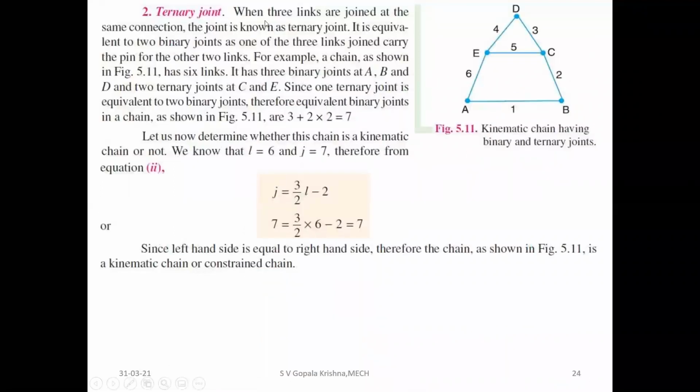Next one is the ternary joint. So what is the meaning of ternary? When 3 links are joined at one place, that is known as a ternary joint. Just observe our diagram.